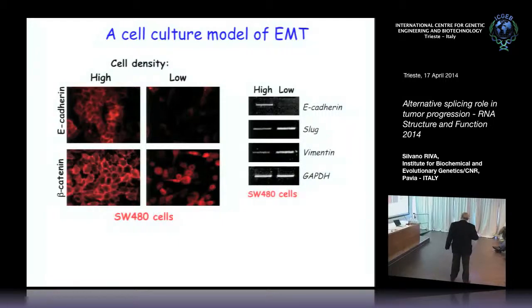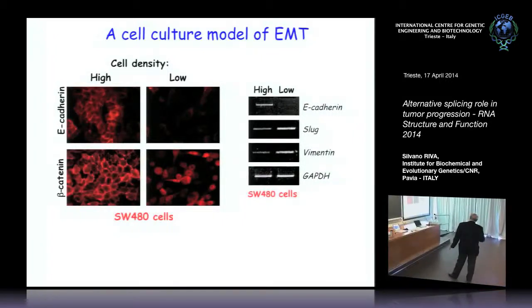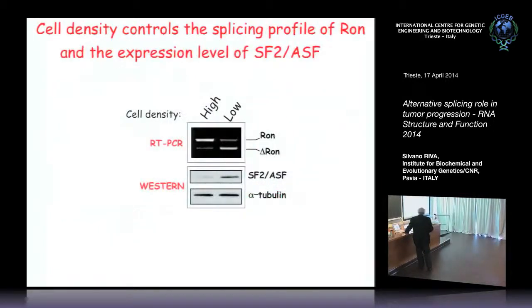It is a cell culture model of EMT. You can see that, for example, E-cadherin almost disappears when cells are grown at low density, and beta-catenin, which is cytoplasmic, becomes nuclear, and all these other indicators are typical of the epithelial to mesenchymal transition. So this is very nice.